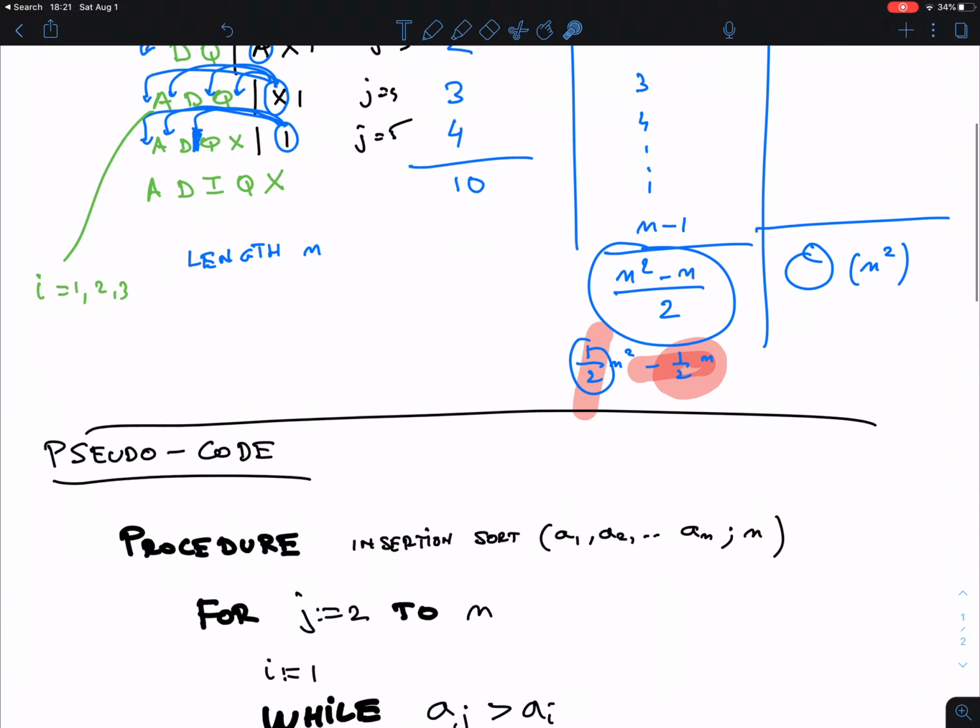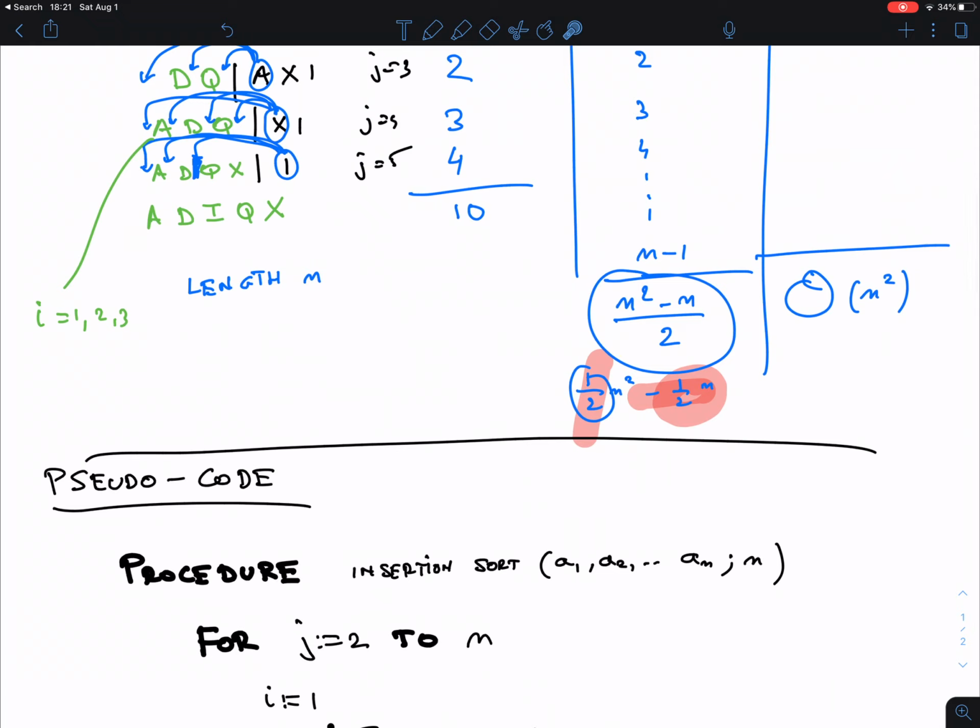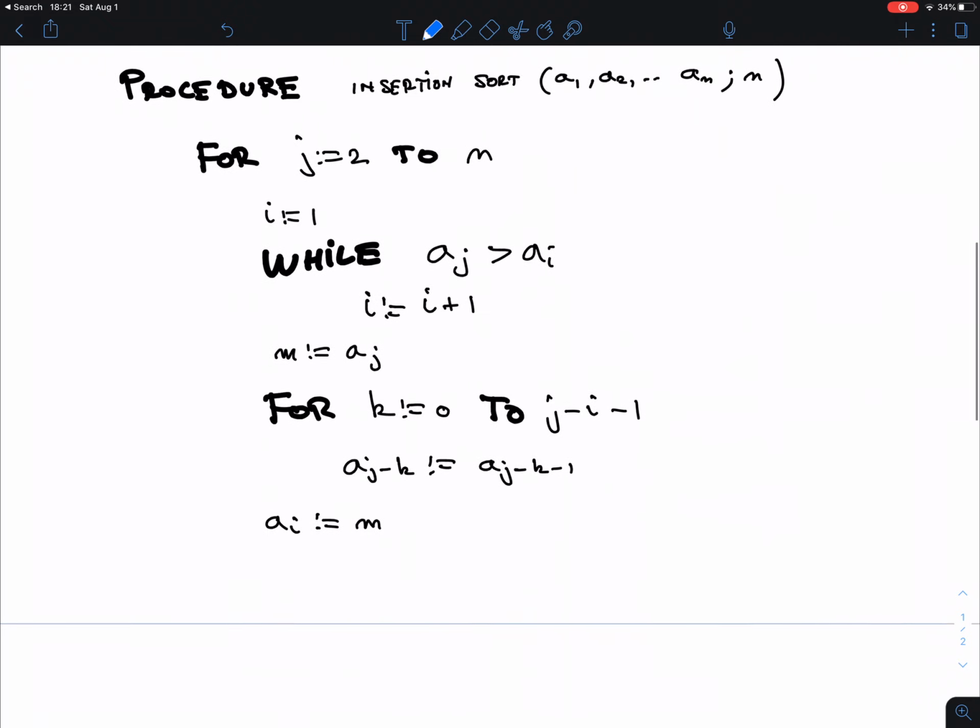Okay, so for instance, in the last step here, this is when this stops, right? So at this point, this will be A1 still, this will be A2, this number will now become the A3. So I have stopped at position 3.